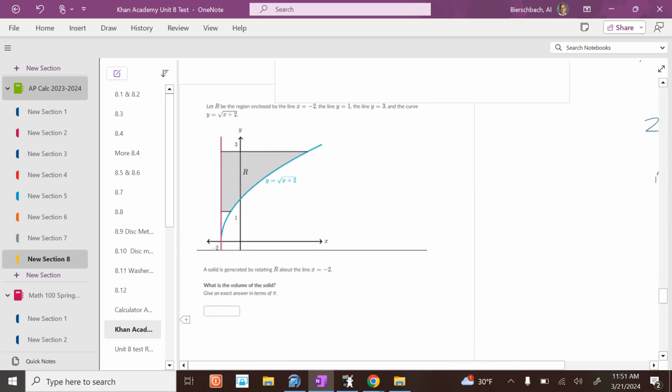Region enclosed by that, and we're rotating around the line x equals -2. We're rotating around a vertical line. It's a disk method because we're next to it. So it's pi, the further line minus the closer line, squared. We're going from 1 to 3, but we have to solve this for x because it's around a vertical line.